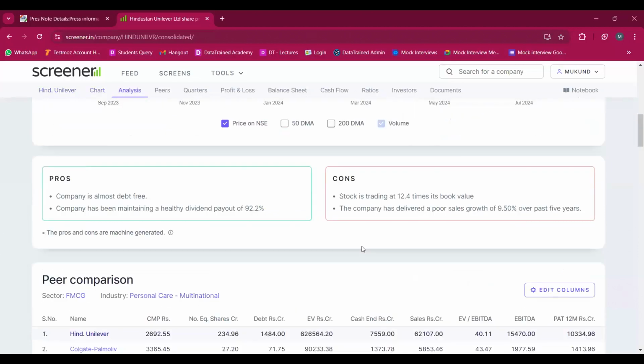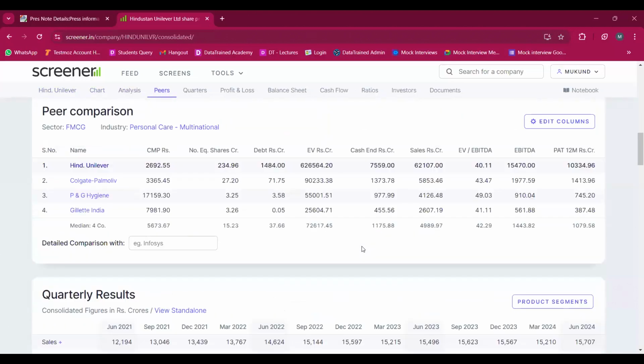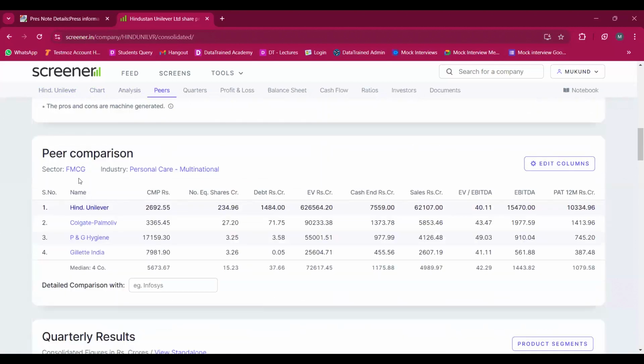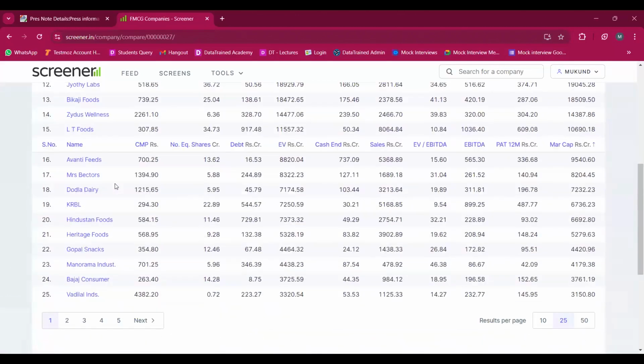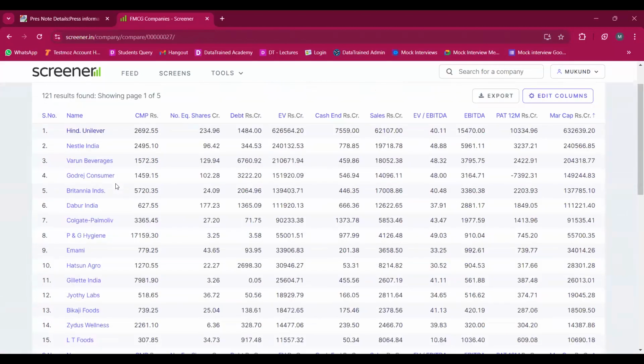Okay, now you guys are able to see the screen. Hindustan Unilever, Colgate P&M. So sector FMCG. In FMCG, we have ample amount of companies. So what among the top 10 companies do you want us to work on?